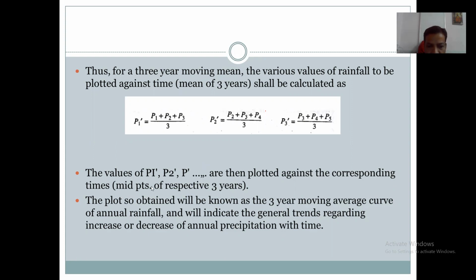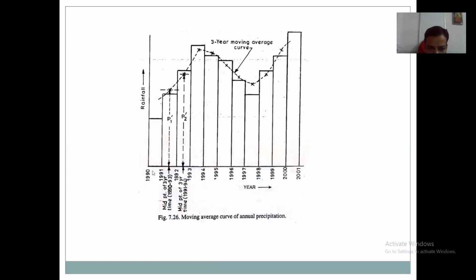In this way, the graph is plotted for the 3-year moving average curve of average annual rainfall, the average annual rainfall for every 3 years. Here it is shown at the midpoint of the 3 years. The midpoint of the 3 years is taken and the curve is drawn. That curve obtained is called the 3-year moving average curve.